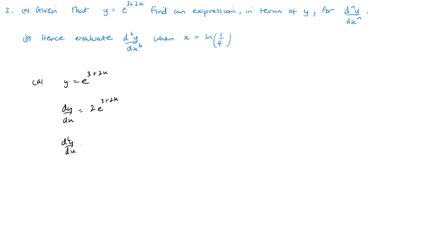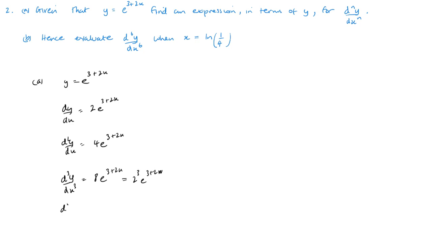Differentiate a second time, and I get 4e to the 3 plus 2x. I differentiate a third time, and I get 8e to the 3 plus 2x. So these are like 2 to the power now, e to the 3 plus 2x.